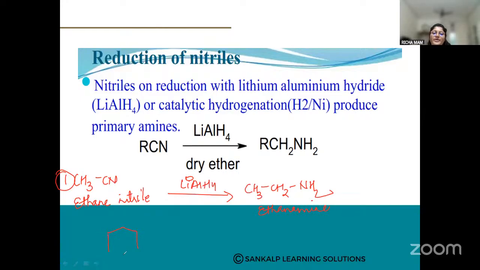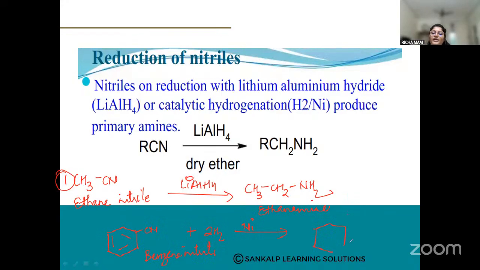One more with respect to aryl group. I have benzyl nitrile. This benzyl nitrile, I'll pass hydrogen gas over nickel. So what am I going to get?